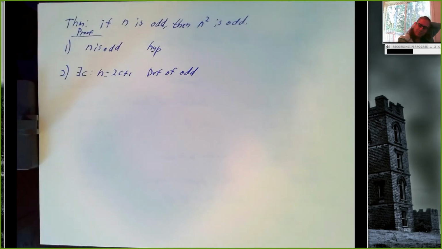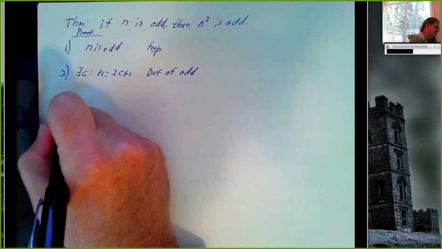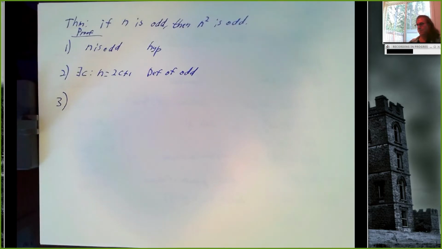All right. What could we try for a third proposition? Well, I would replace the n in the n squared with the 2c plus 1.